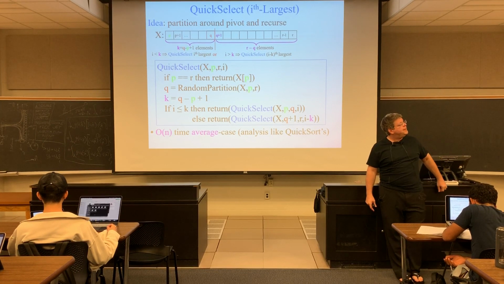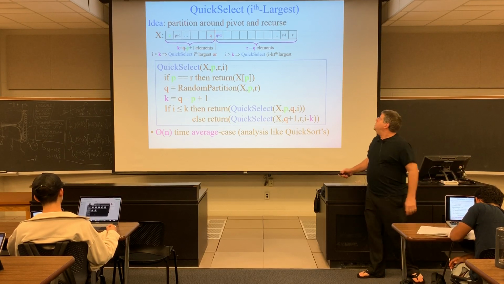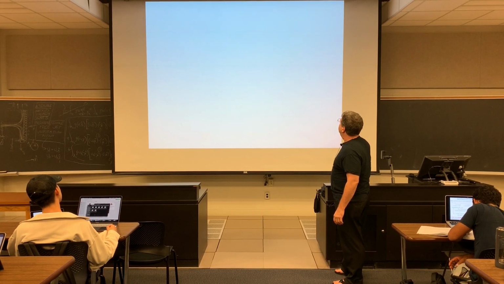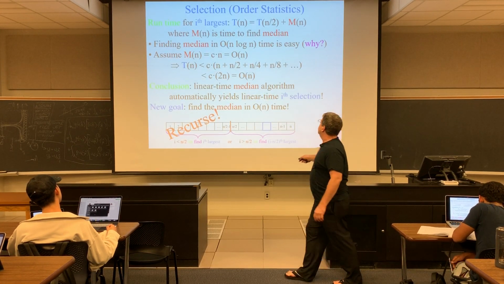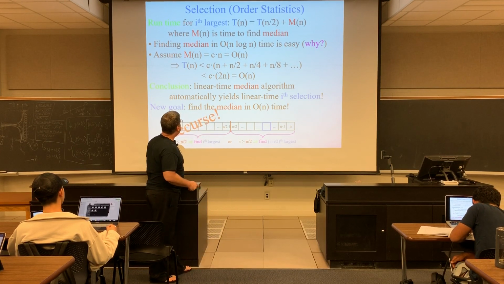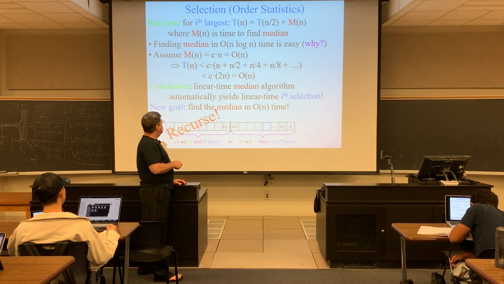Yeah? I don't think I get the algorithm. Like, why does it work on unsorted lists? Ah, so why does it work on unsorted lists? First, everything is unsorted, and we somehow magically found the median in linear time, and there it is at the middle.